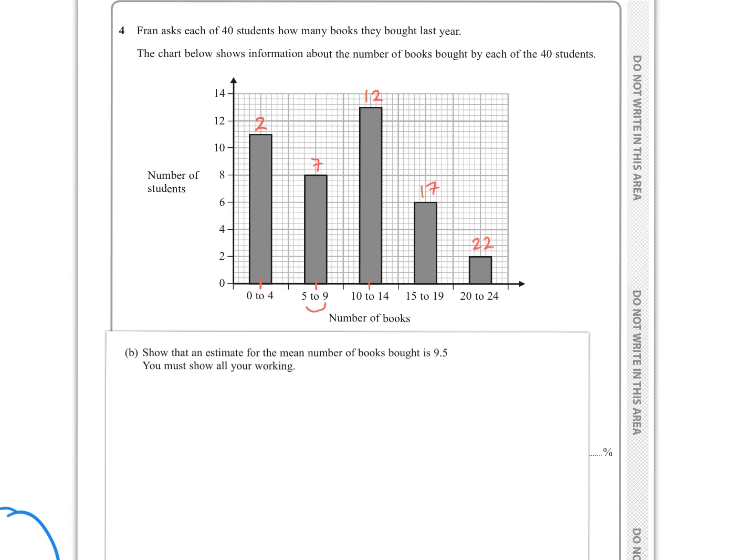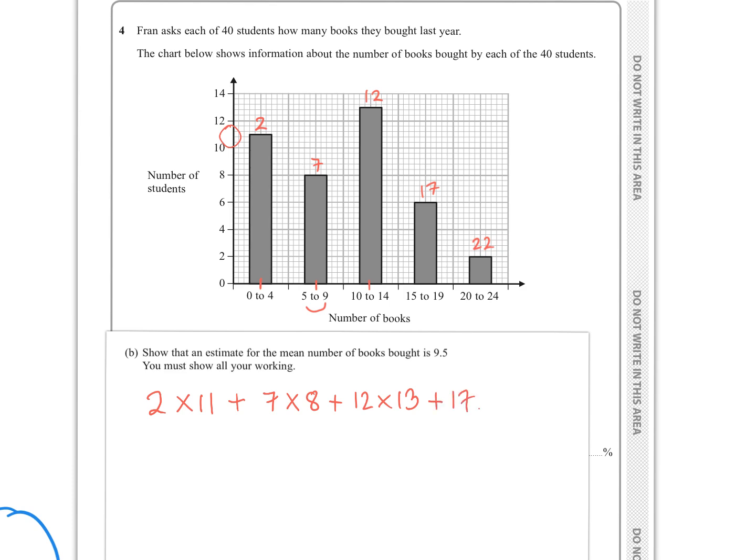So what we can look at is the corresponding midpoints. So for the first one it will be 2 as the midpoint, but the frequency was 11, which is halfway between 10 and 12. For the next bar, we've got 7 as the midpoint, and the frequency is 8, and then so on.